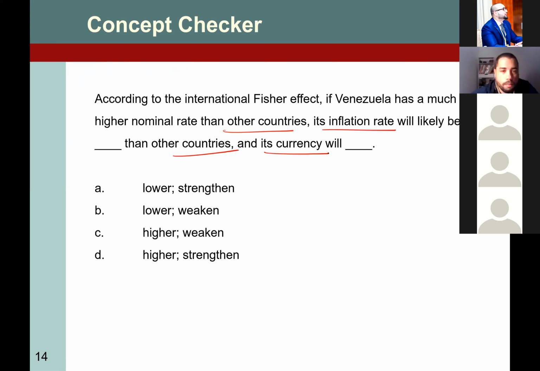What is the answer? Is it C? I think it's C too, higher and weaker. Okay. Camila, why are you silent? I don't know yet.